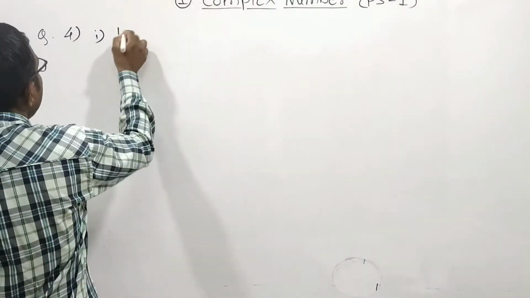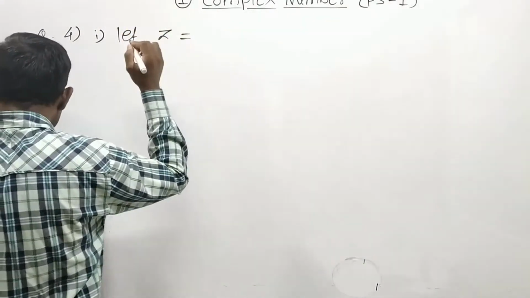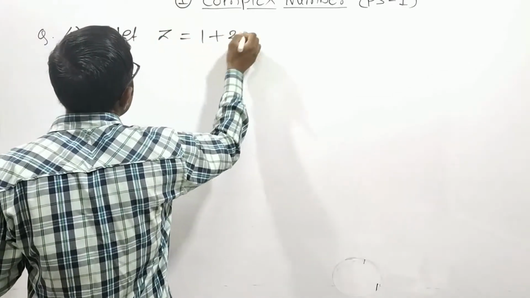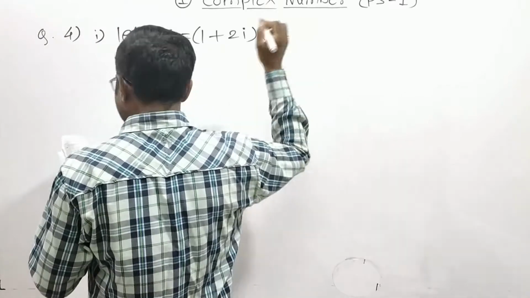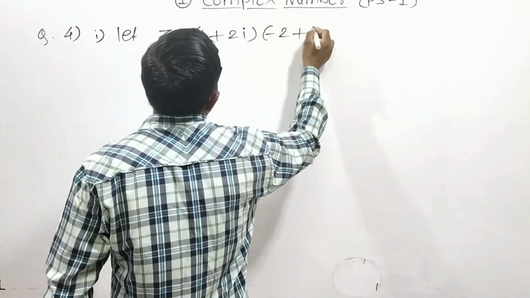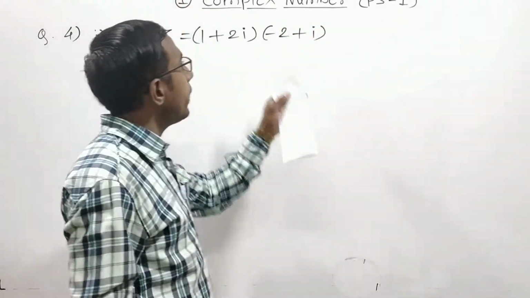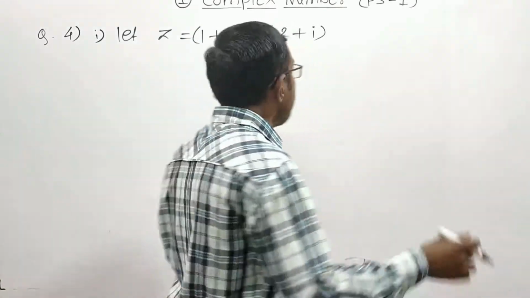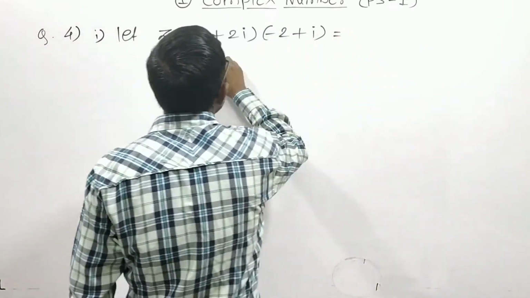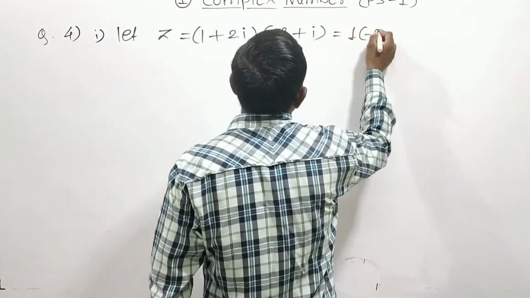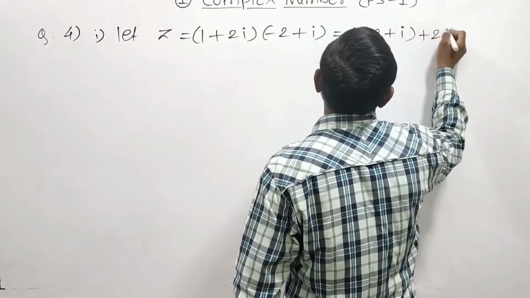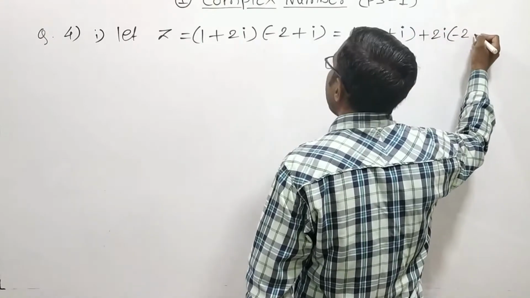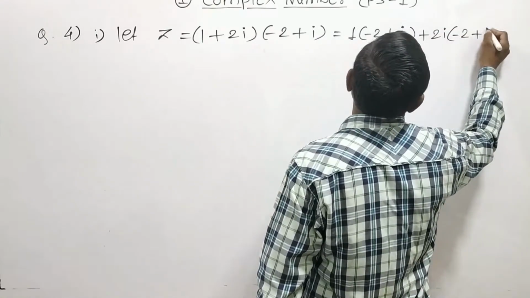Let z be equal to 1 plus 2i multiplied by minus 2 plus i. First of all, we need to take this multiplication. So it will be 1 multiplied by bracket minus 2 plus i, then plus 2i multiplied by bracket minus 2 plus i.